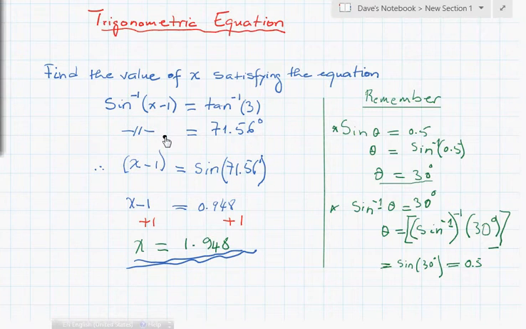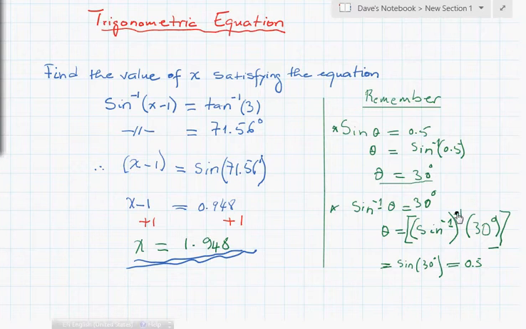Then we remembered what we did before: when we have sine of theta equal to 0.5, to find the angle we have to use the inverse of sine. Now if you have an inverse sine given to you with an angle, to find the value you also have to inverse it.